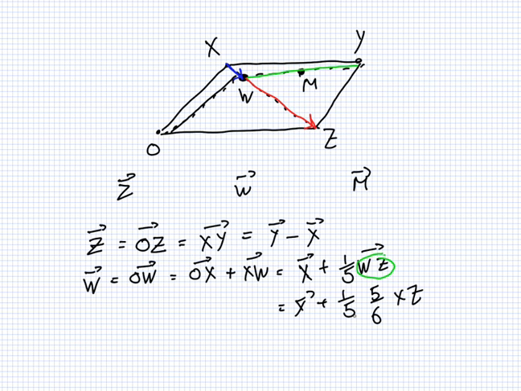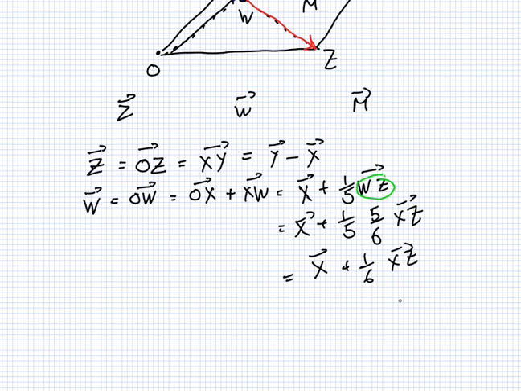XZ. So another way of writing it, which I think is more useful for us, is x plus 1/6 XZ. Can you see that there? That's a Z there.